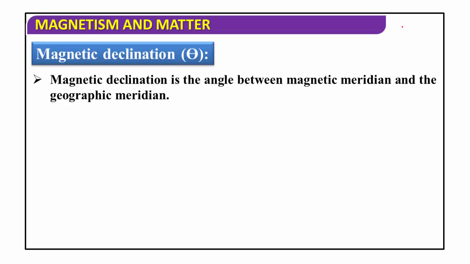Suppose you consider this as the earth's surface. It has two poles, one is the north pole and the other is the south pole.